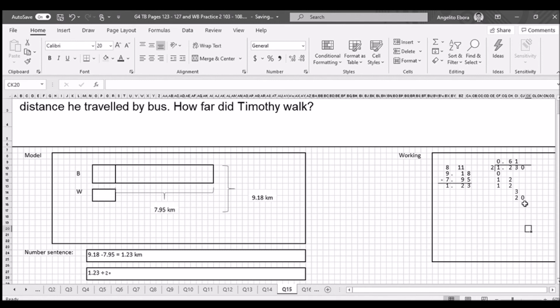Oh, sorry, 3 minus 2 is 1, forgot to subtract, and then bring down 0. So 10 divided by 2 is 5. So 5 times 2 is 10, then 0.